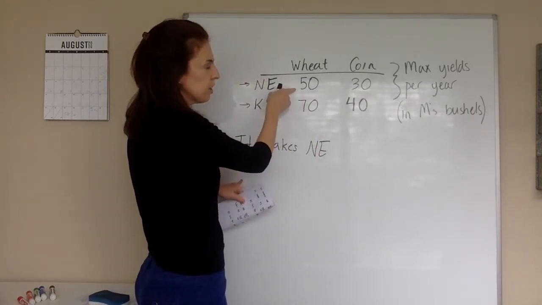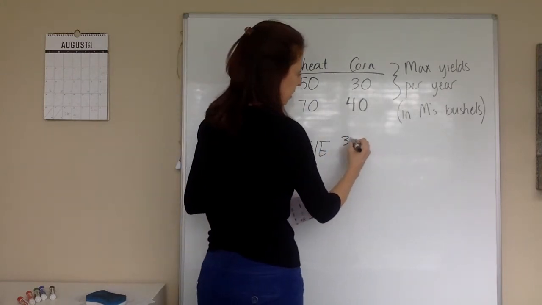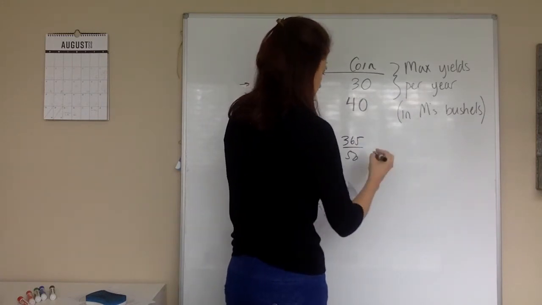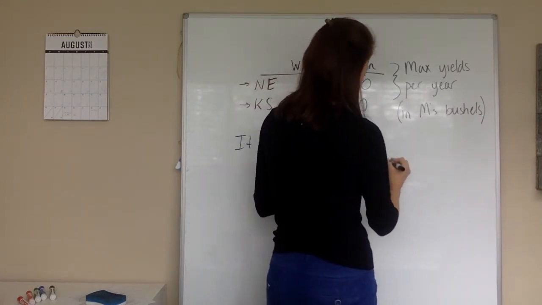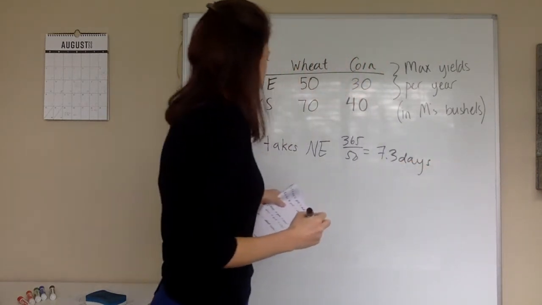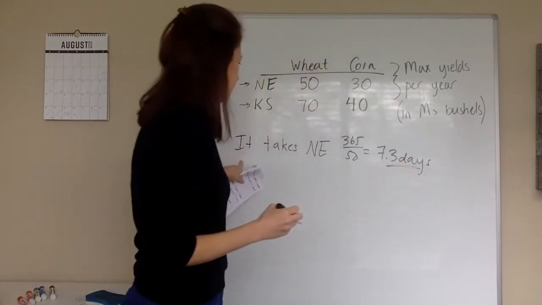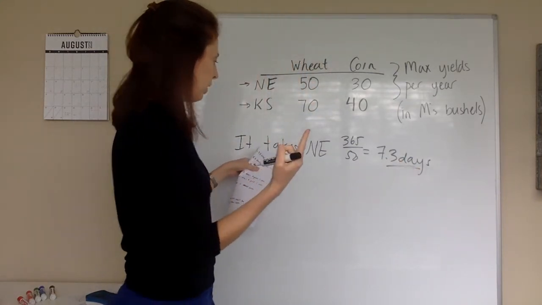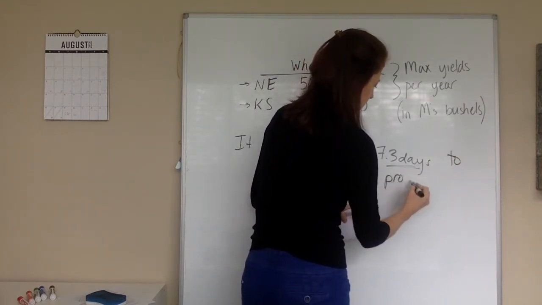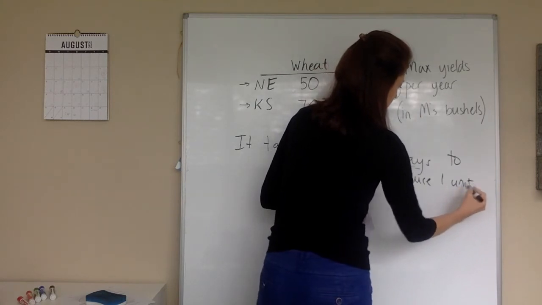Well, if across 365 days they can produce 50 units of wheat, then 365 divided by 50 is 7.3 days. That is the inputs that Nebraska needs to produce 1 unit of wheat.